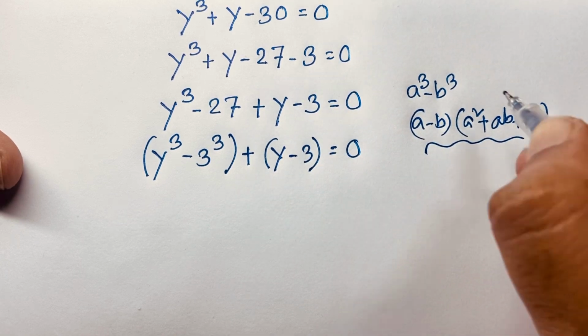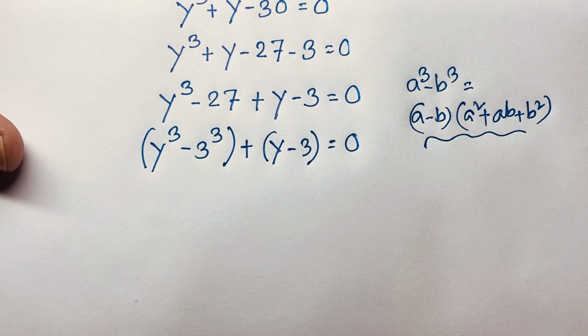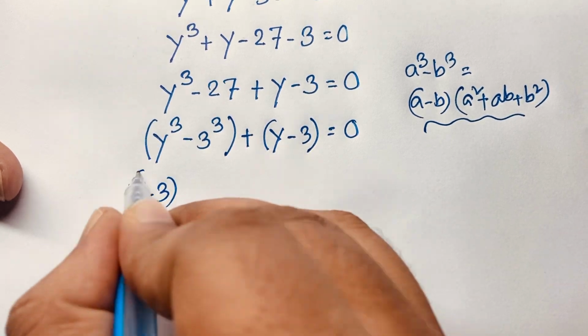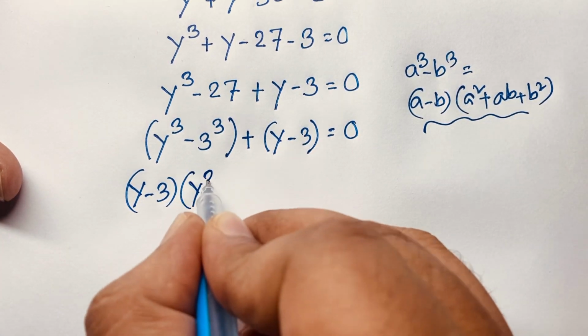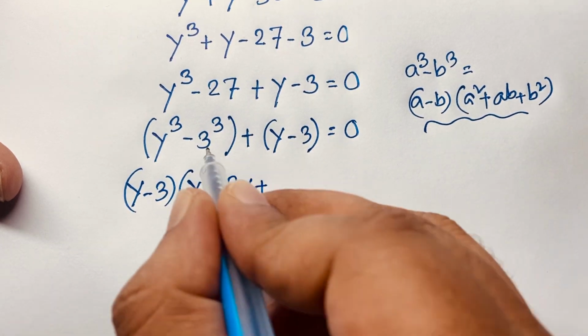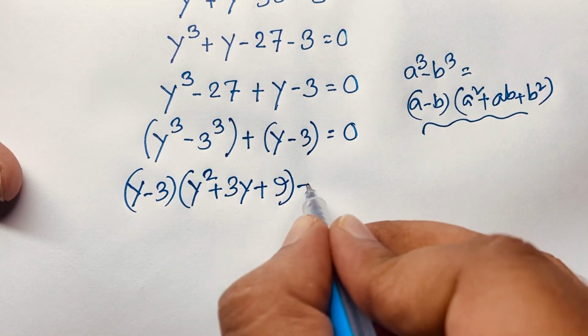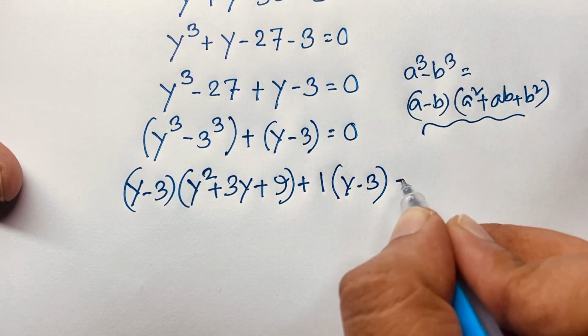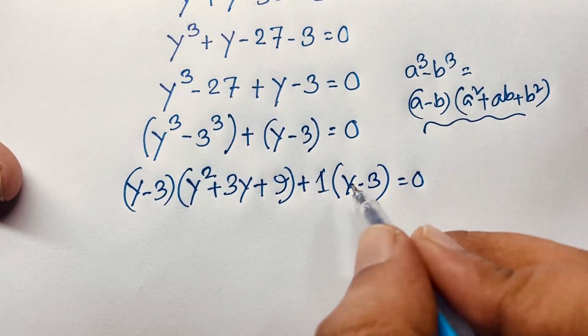If I apply this formula here, I can see this expression will be y minus 3 times a square, which is y square, plus ab, which is 3 times y, so 3y, plus 3 square, which is 9, and here is y minus 3 is equal to 0. Here 1 is common.